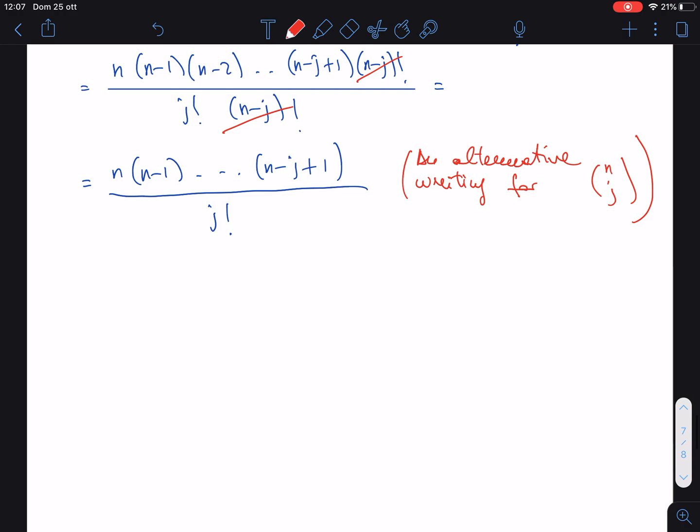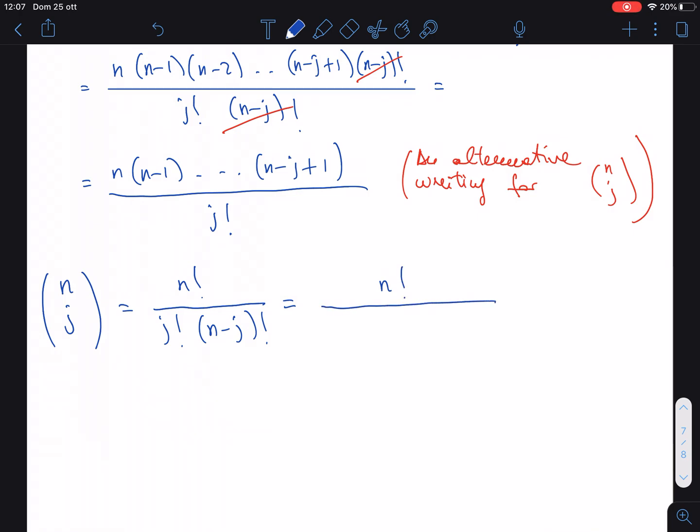Moreover, write down n j binomial coefficient. Remember the definition, which is n factorial divided by j factorial, n minus j factorial, is equal, here we put n factorial, and here n minus j factorial.